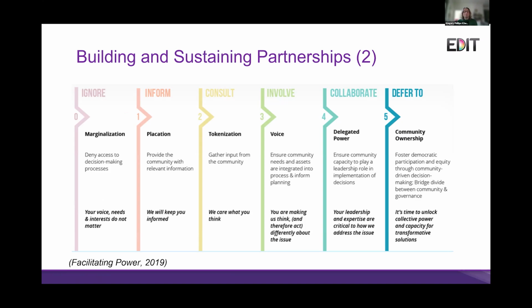I tell my students and other people I work with that it's not always best to start all the way at community ownership, because you may be setting your community partner up to fail. But the more we can work towards the right in partnering and build capacity for agencies to the point where we can collaborate or defer to them on research proposals, we're still making a difference. So keeping that in mind as we're doing work is going to be important.